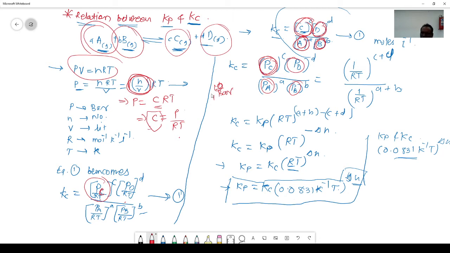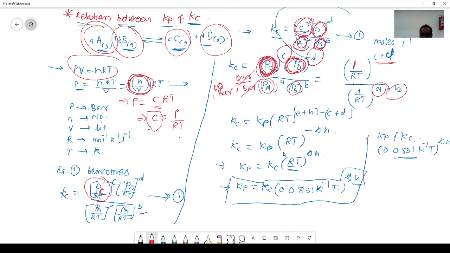The partial pressure is made dimensionless, since pressure is in bar. If you divide it by 1 bar, the partial pressure is already in bar, so it comes out to be dimensionless. Right? That is 1 divided by RT raised to C plus D, according to the rule of mathematics, and 1 divided by RT raised to A plus B, that we have replaced.